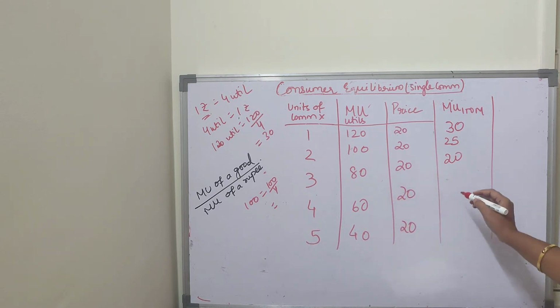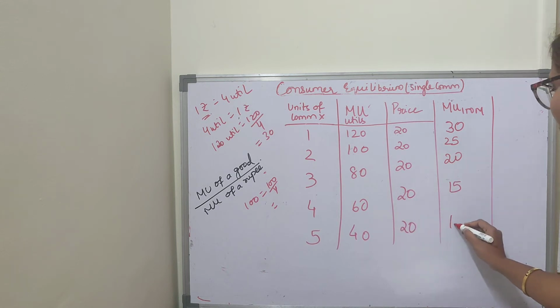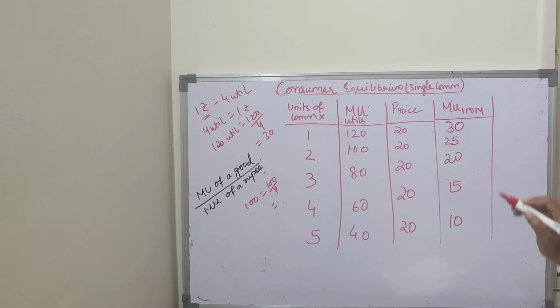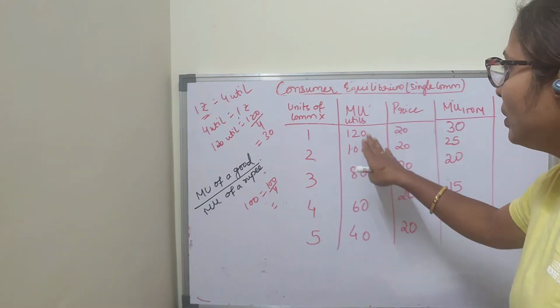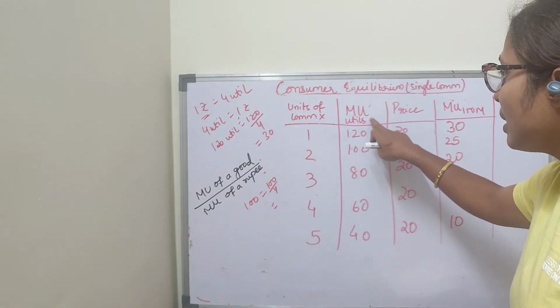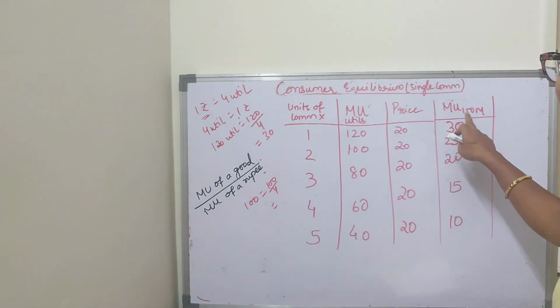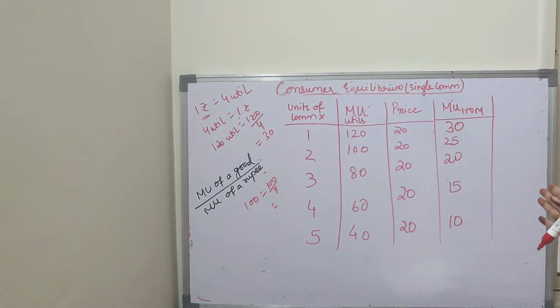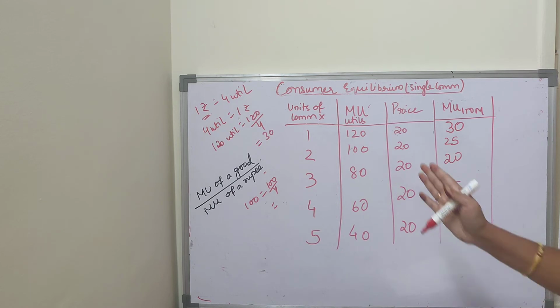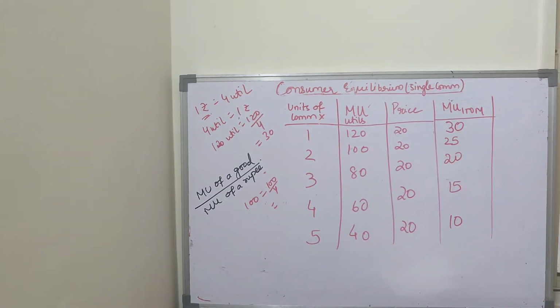Then 60 divided by 4 is 15. Then 40 divided by 4 is 10. Clear? So this is my marginal utility in terms of money. I have converted only this thing, the marginal utility in utils, into terms of money so that I can compare it with my price, whether commodity X is worth buying or not.